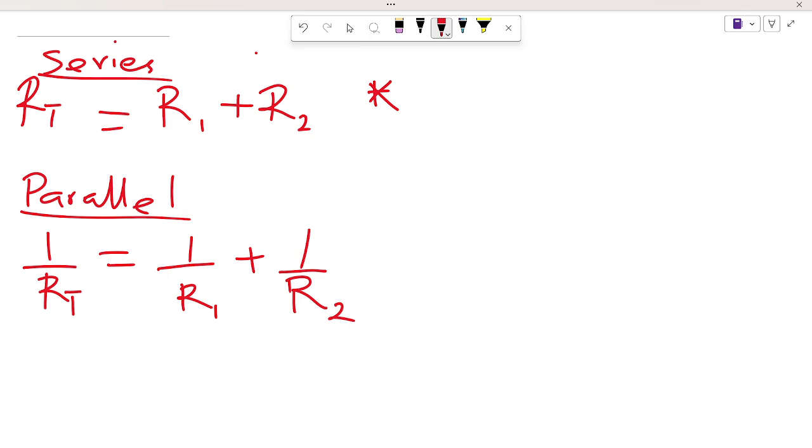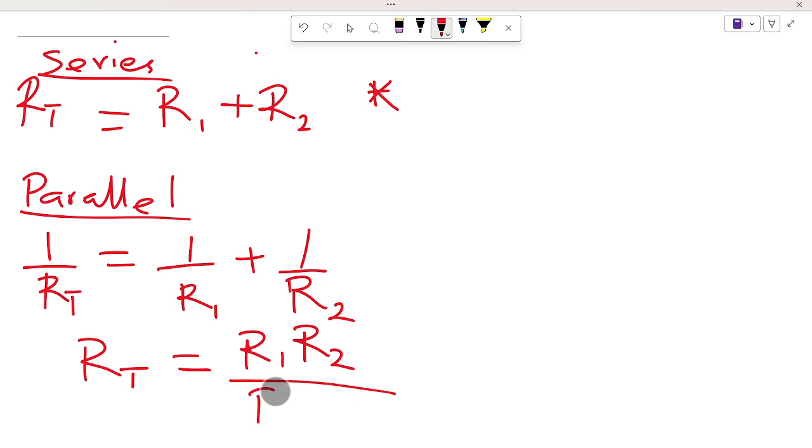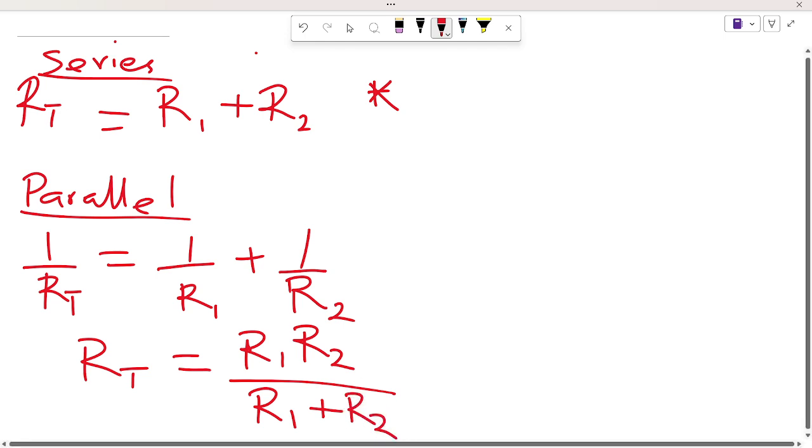It can further be simplified to get RT, the total resistance, equal to R1 times R2 all over R1 plus R2.